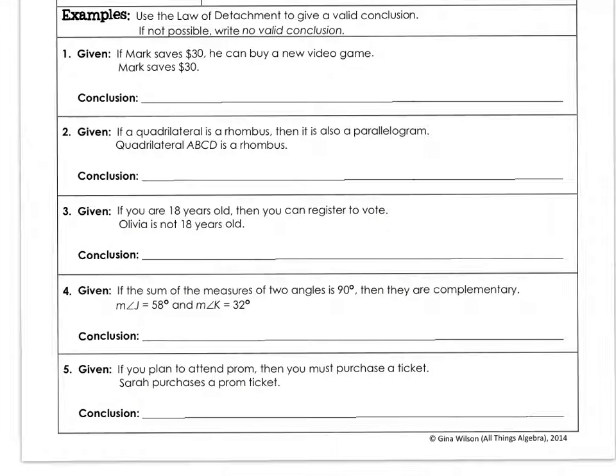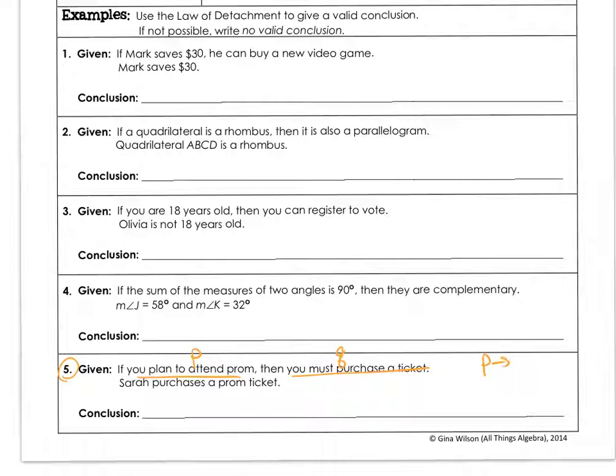Let's look at number 5 here at the bottom. If you plan to attend prom, then you must purchase a ticket. So there's my P and there's my Q. If P, then Q. Sarah purchases a prom ticket. But this is saying that Q is true, right?